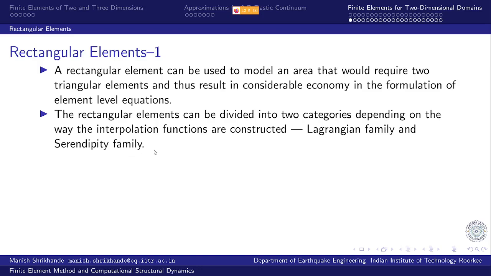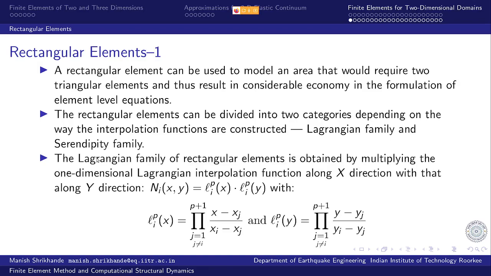So there are two interpolation families for rectangular elements, referred to as the Lagrangian interpolation model and the serendipity family. Right? Serendipity is very interesting, and we'll discuss it in a while. The Lagrangian family of rectangular elements is obtained by multiplying the one-dimensional Lagrange's interpolation formula along two coordinate directions.